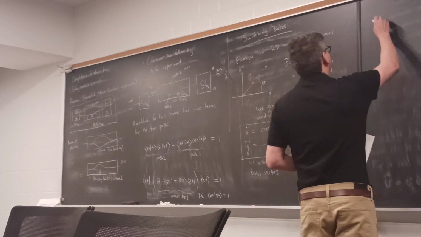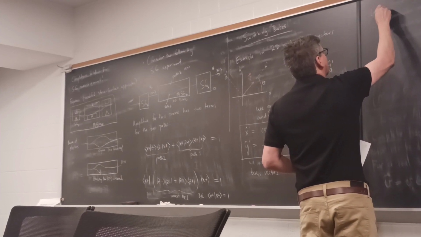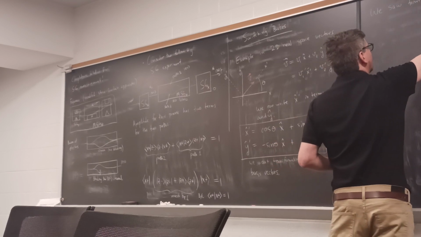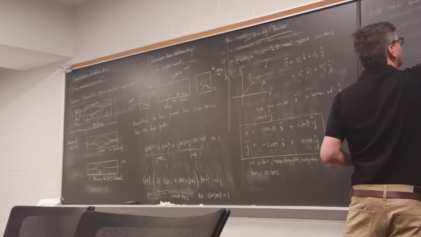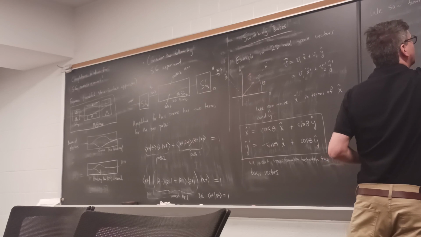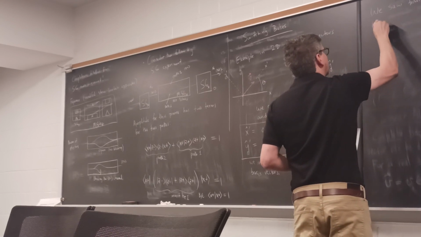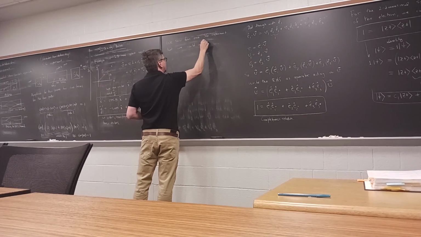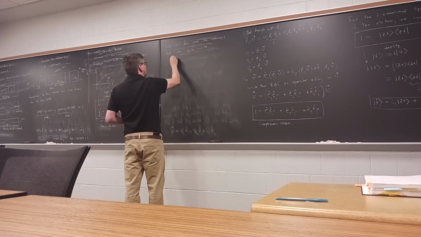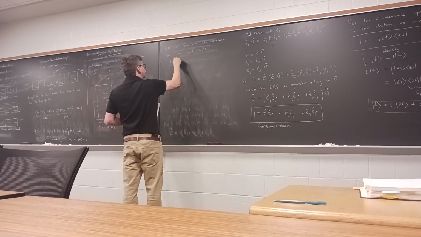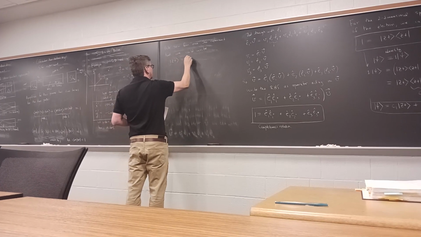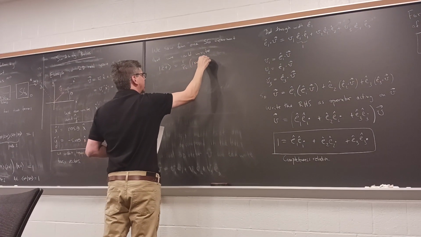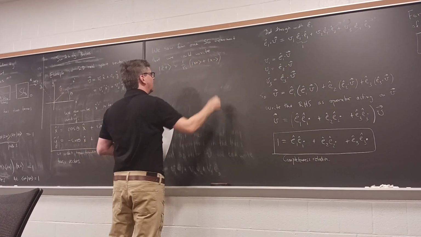So we saw from one SG experiment that we could write z plus is equal to 1 over the square root of 2 of x plus plus x minus.